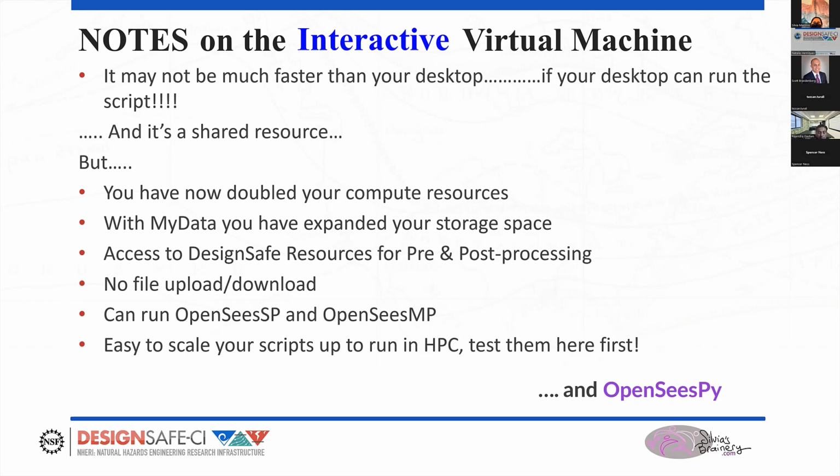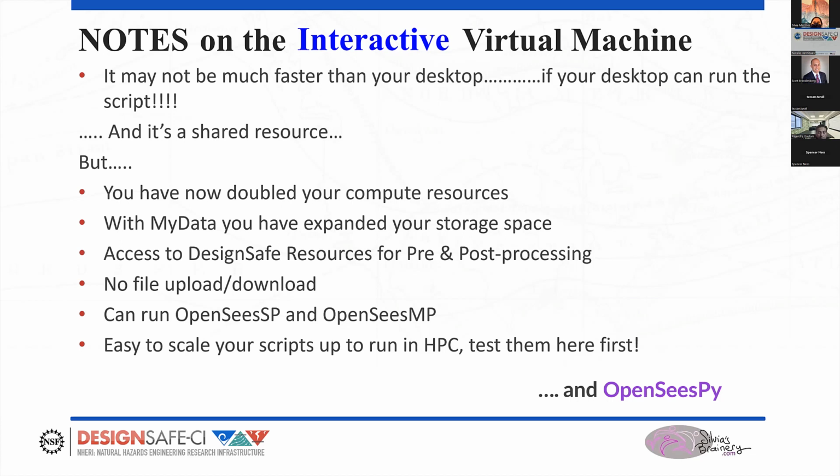With my data, as I've mentioned many times, I've expanded my storage space. I've got access to DesignSafe resources for pre and post processing, and my runs generate so much data and I work from home, and so the upload of the data is just intensive. And so there's a lot of advantages to getting started right away from day one on this virtual machine.